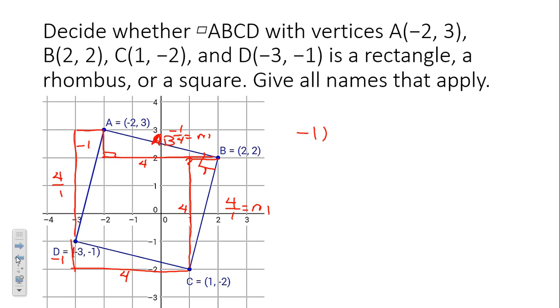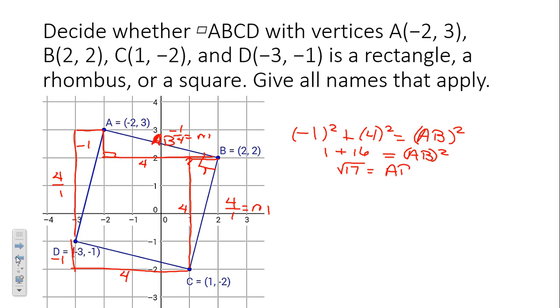Negative 1 squared plus 4 squared is the distance between A and B squared. What is negative 1 squared? What's 4 squared? 16. So 1 plus 16 is 17. So if AB squared is 17, the square root of 17 is the distance between A and B.